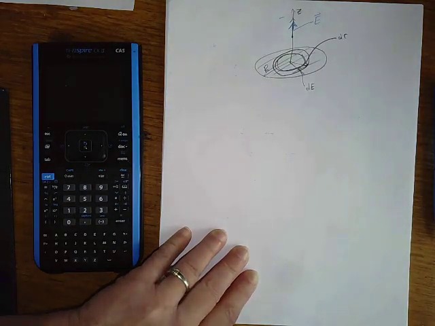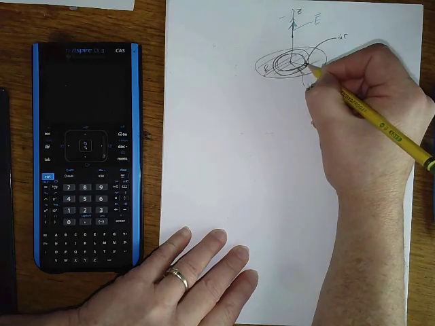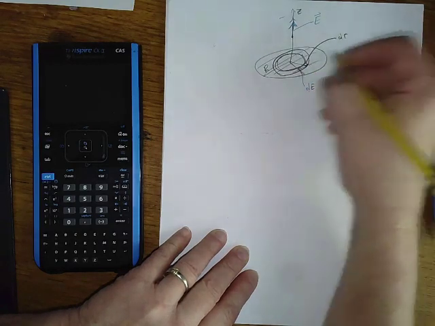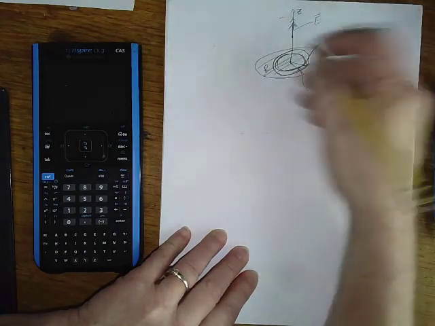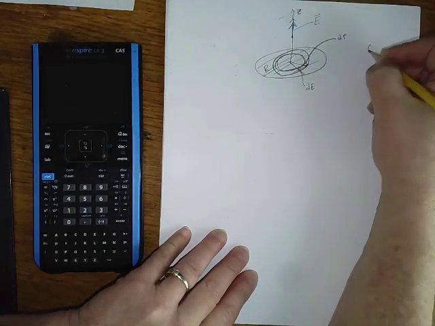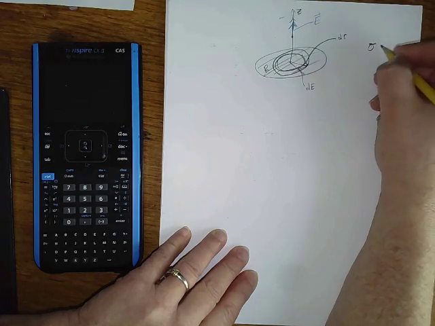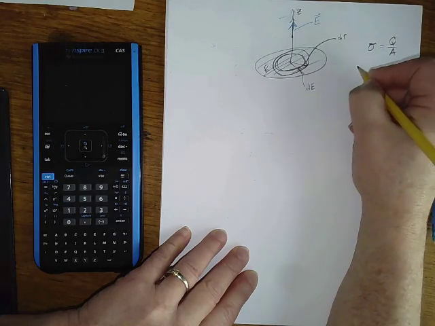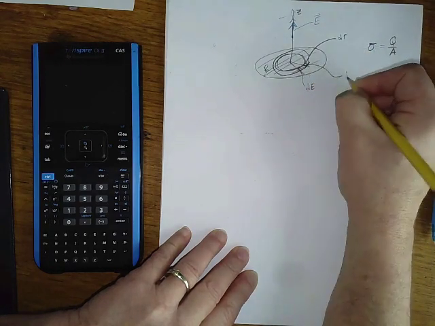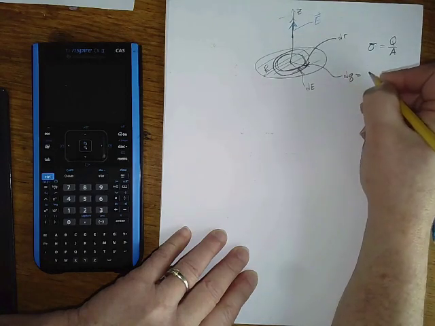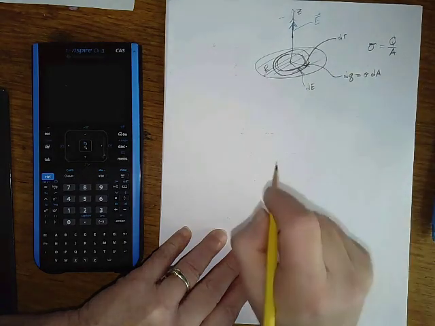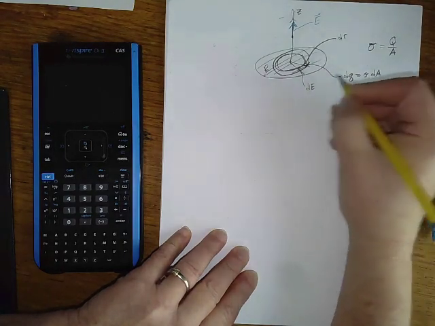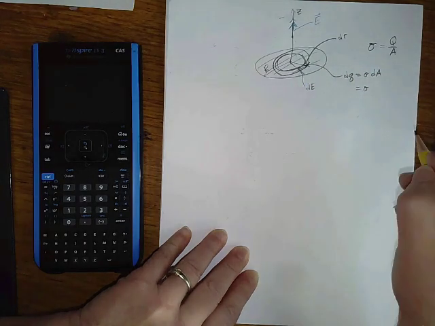So we've got a little dr distance here, and since we have a flat disk with a surface charge, sigma is our charge density, which is charge per unit area. So our little dq is going to be sigma times our dA, our little piece of area. What are we going to use for our integration variable? I guess we'll use dr. Makes sense?